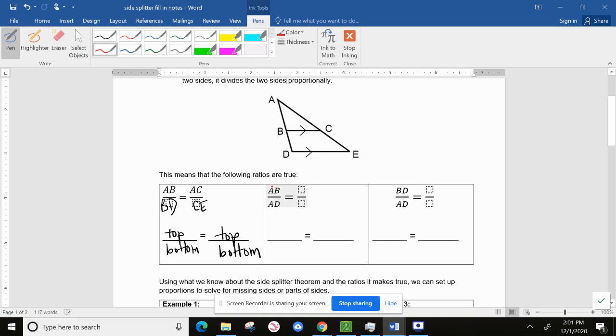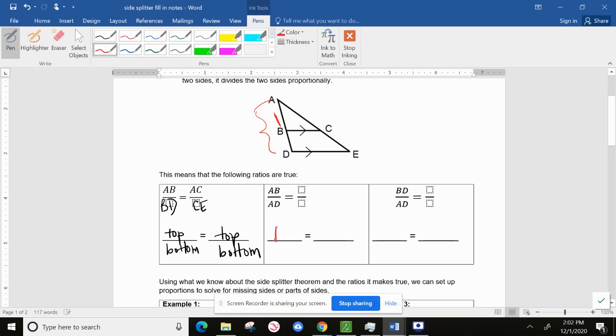This middle one says AB. So let's find that. So the top portion of this line makes a ratio with AD. All right, so that's the whole side. So AB to the whole side AD is going to be equal to, very similarly over here. Okay, so we did the top half over the whole part, didn't we?